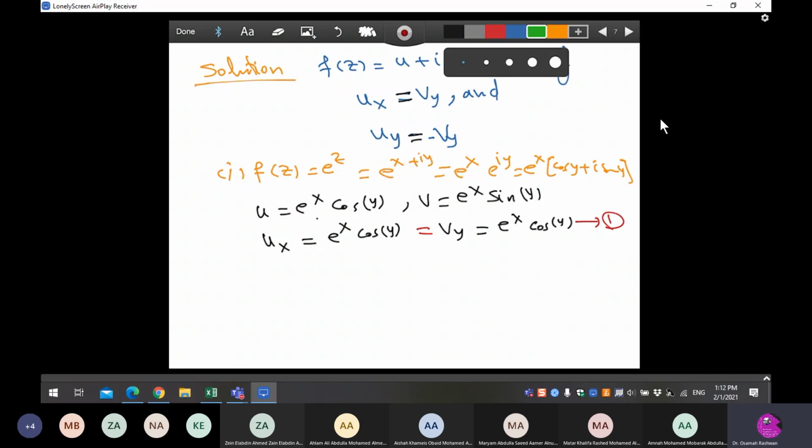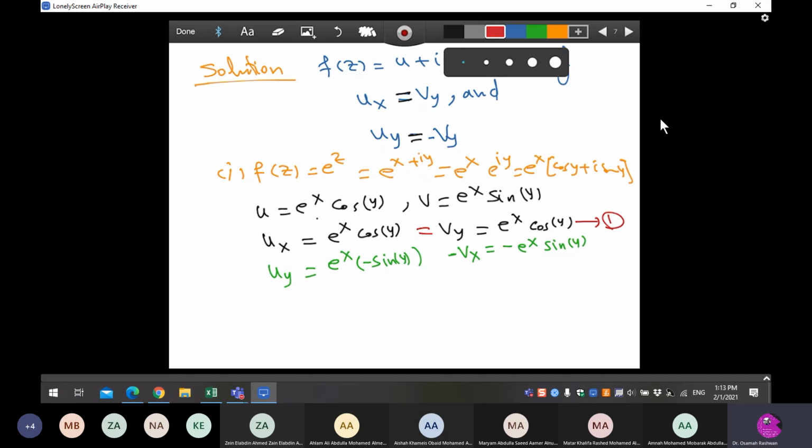Let's go for number 2. uy equal to what? e to the x. What is the derivative? Minus sine y. Okay, that's good. What about vx? Minus vx is exactly minus e to the x sine y, right?